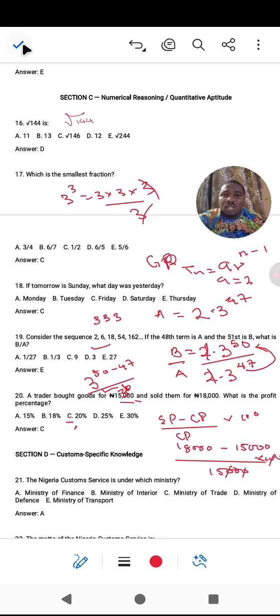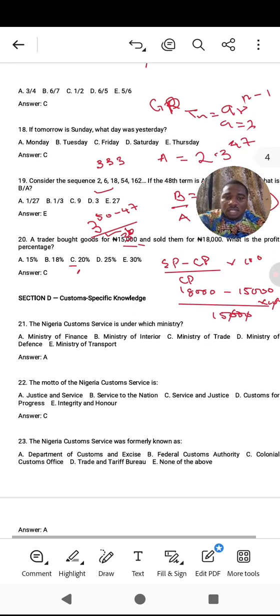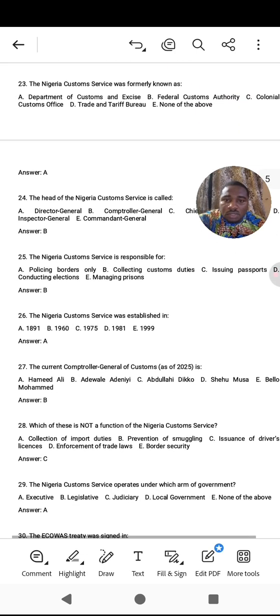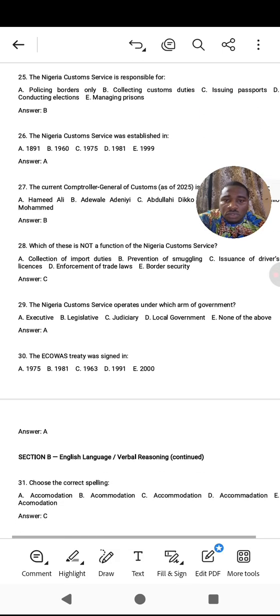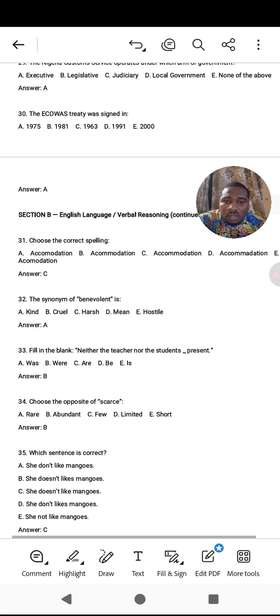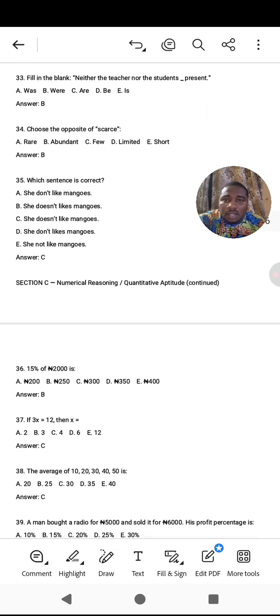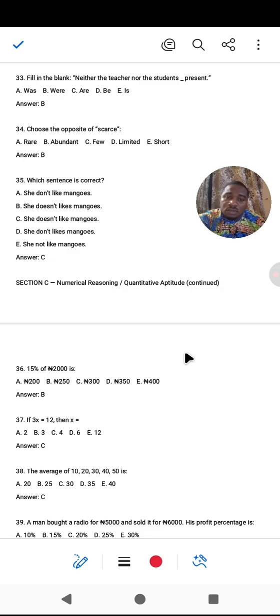Good. So now we can think of the next maths question. Where is it? Yeah, like here, right? 15% of 2k. If you pay your tithe, you can do this without using the calculator. But if you want to use the formula, it is just 15 divided by 100 multiplied by 2000.